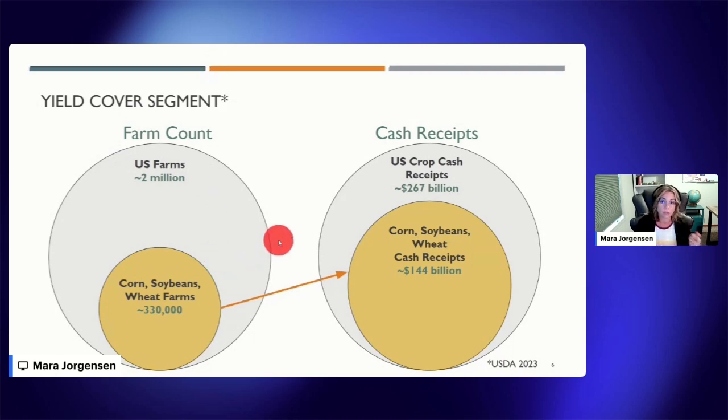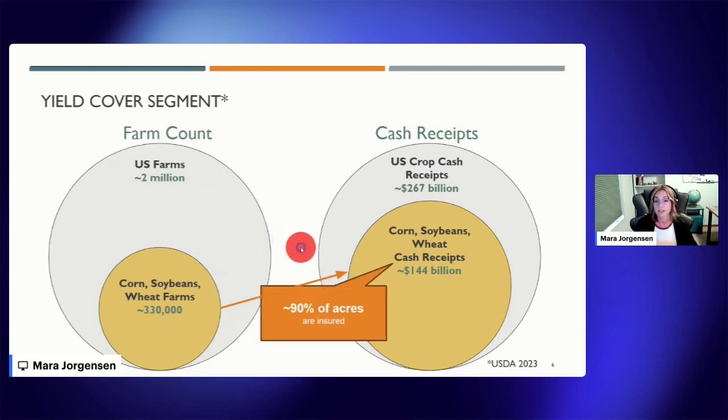These are the three largest row commodities that generate the most revenue to farmers in the United States. That is why we are using these three segments, because they have an outsized value and an outsized impact. And that means that they will be a better target group than just going for every single group of farms or farmers in the United States.